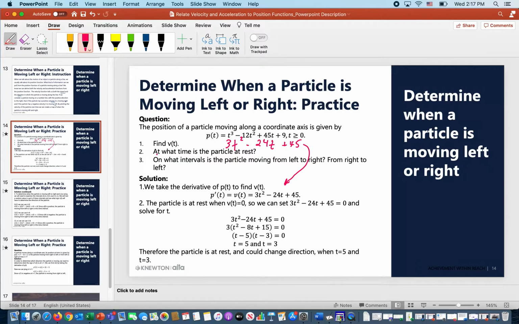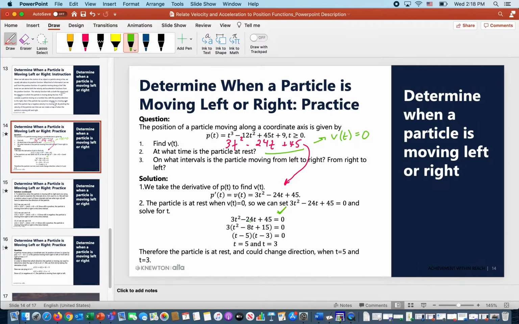The next question is, at what time is the particle at rest? To answer this question, you need to think about what it means to be at rest. To be at rest means that the velocity at that given time is 0. So if I want to know when the particle is at rest, I'm going to set the velocity function equal to 0. That's what we've done here.